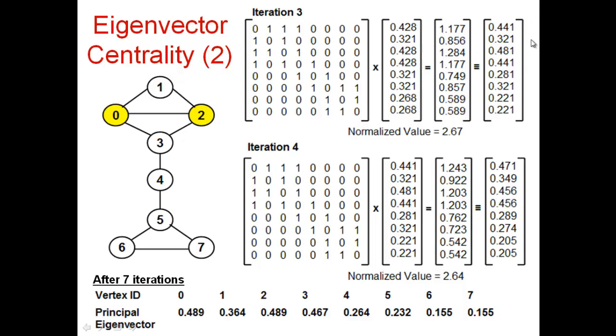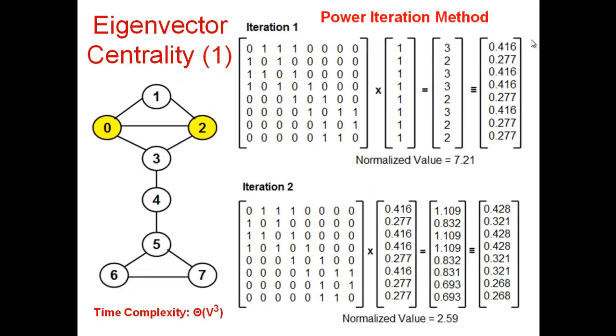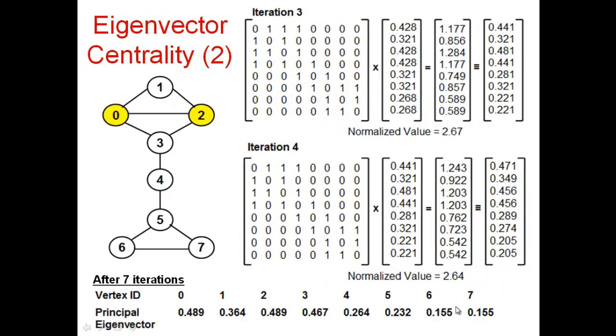You can go for another iteration. You see the normalizing values: 7.21, then 2.59, then 2.67. It has to converge at least to one decimal for us to stop. In the next iteration, we multiply the graph with the normalized column vector that we got at the end of the previous iteration.